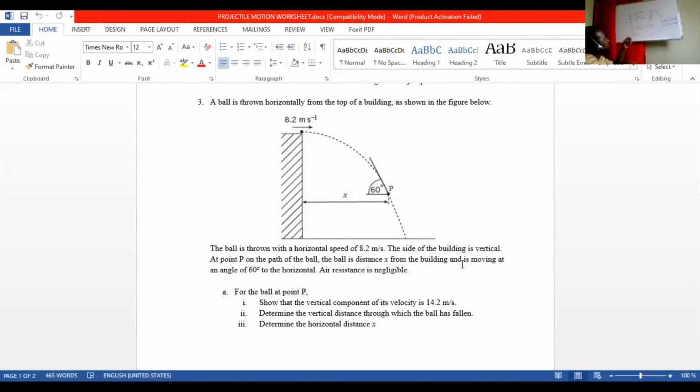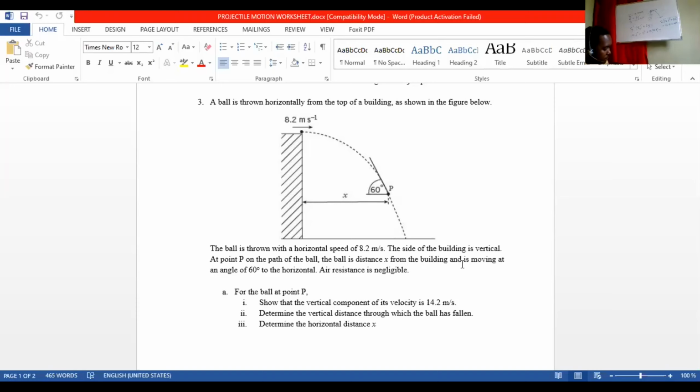V naught y is initially what the y component is, but it only moved in the horizontal initially, so that means V naught y is 0. Right, so 0 squared plus 2 times 9.8 and y. Because we're finding the y, which is the distance that it moved.